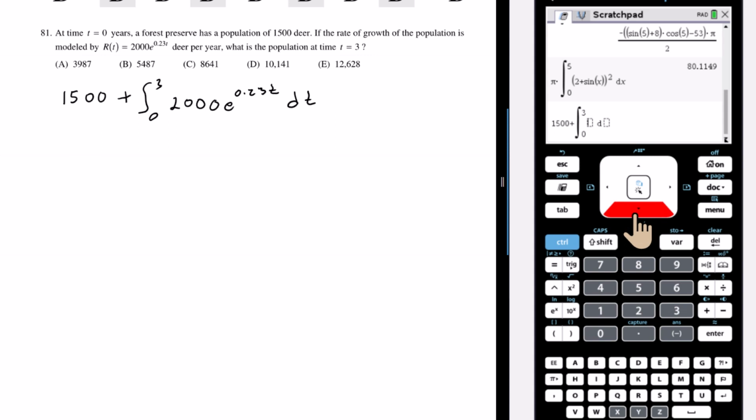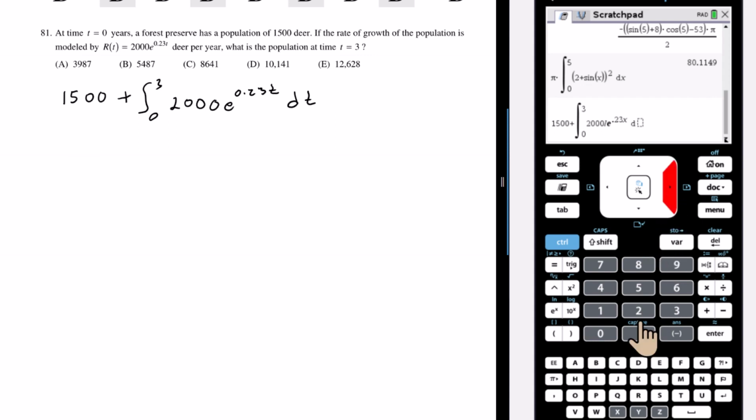There's times when you're going to define R of t, but we're only going to use it once, so I'm not going to do that for this problem. Not second, just E, raised to the 0.23. You can use T or X. I'm going to use X. Calculator doesn't care.